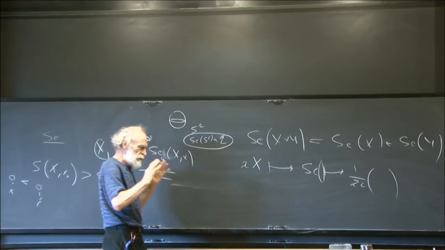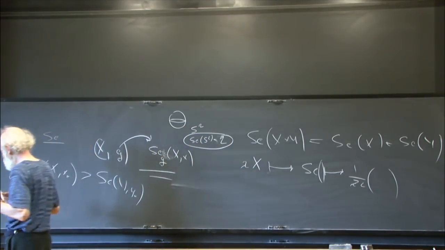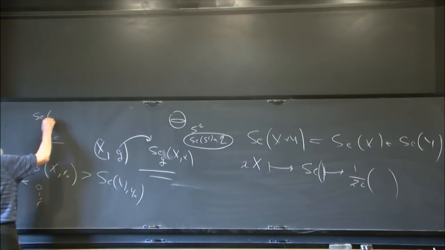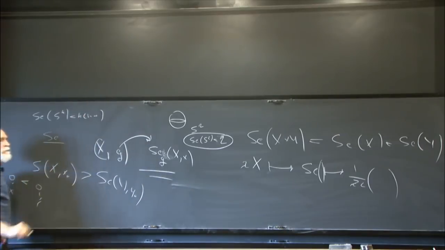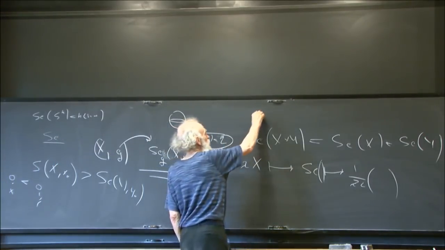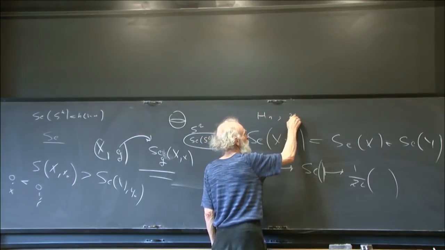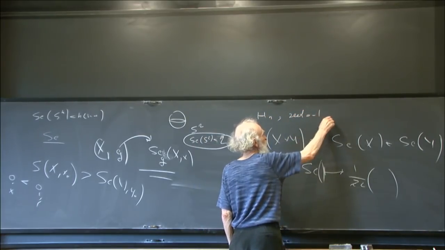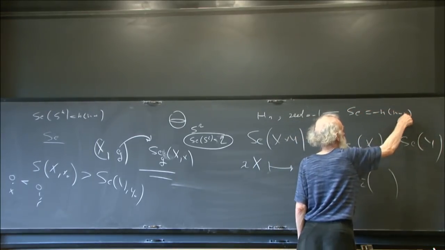And the moment you say that, it's uniquely defined. For example, there's this exercise which should be done, that the scalar curvature of the n-dimensional sphere is n times n minus 1. Why is it so? Or if you have hyperbolic space of dimension n with sectional curvature equal to minus 1, then the scalar curvature equals minus n times n minus 1.